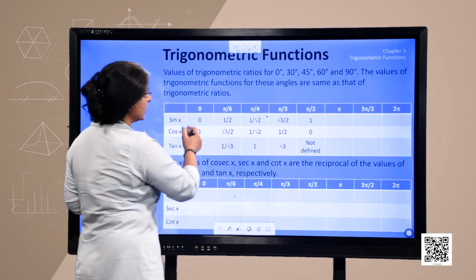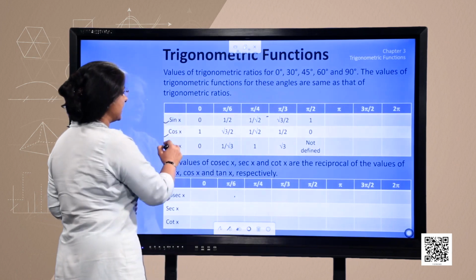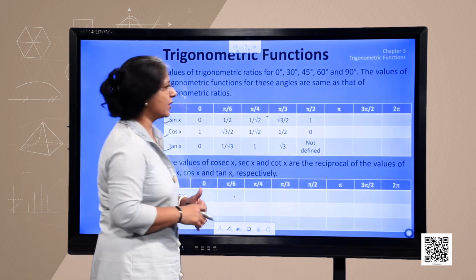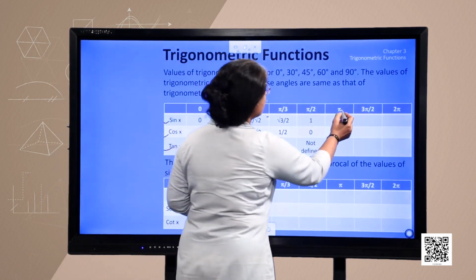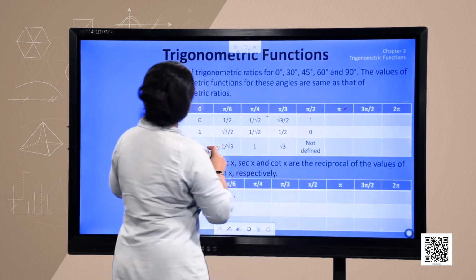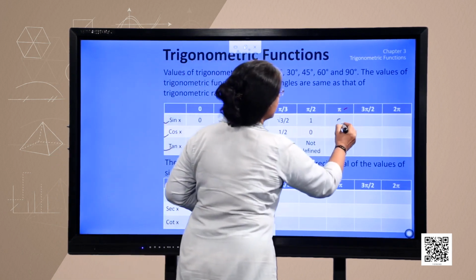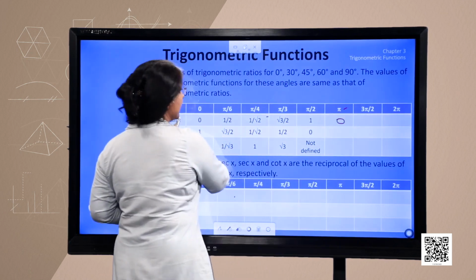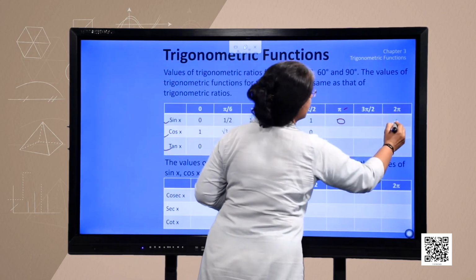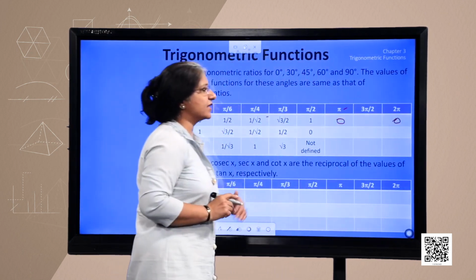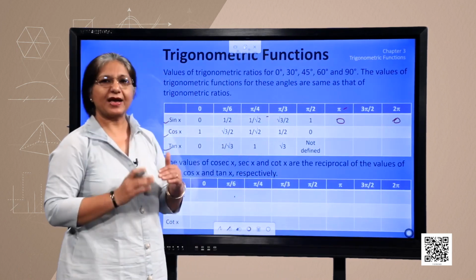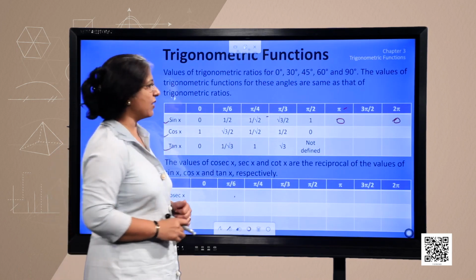Now, you already know these values for sine, cos and tangent, and in the previous module we studied the value of sine pi, which is 0, and sine 2 pi, again 0, because we have just discussed that sine vanishes at integral multiple of pi.